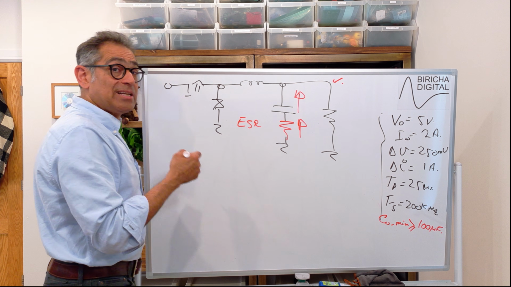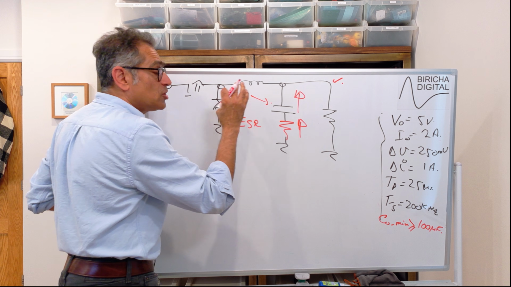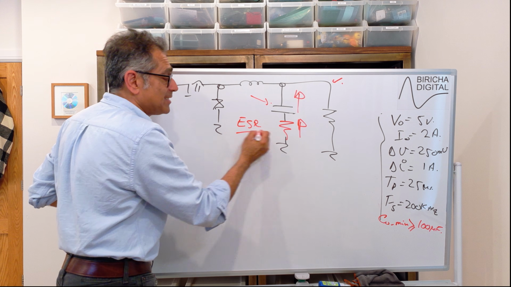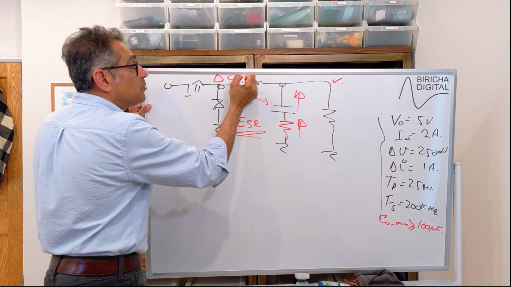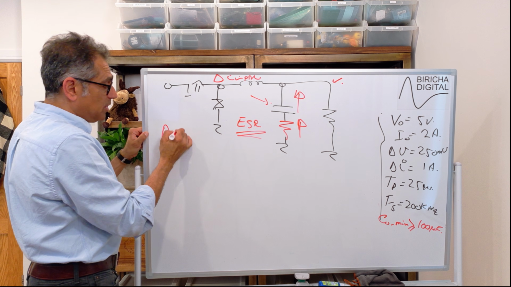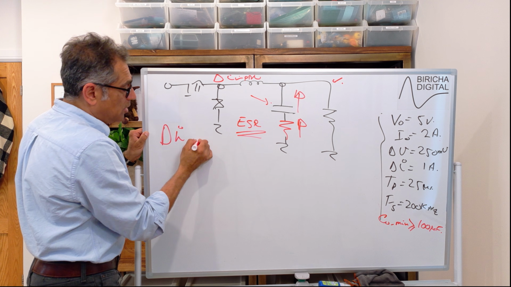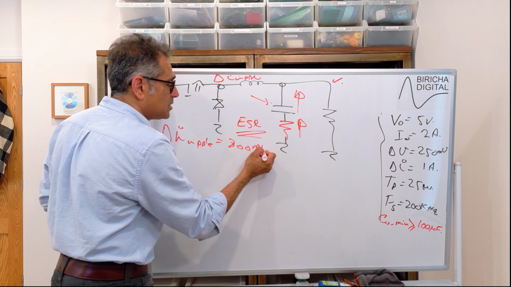And therefore, we can really simplify things by actually ignoring this, and we say that the total ripple that we have is as a result of that. Again, I know the peak-to-peak ripple current, which, following on from the previous example, was 800 milliamps.